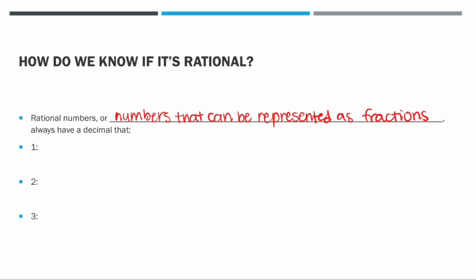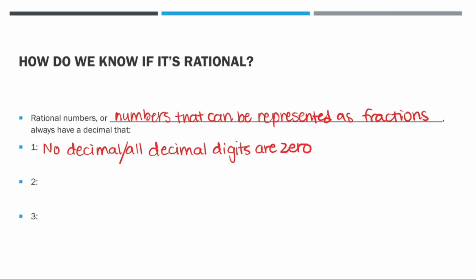So the first case scenario, for 1 and 2 are pretty similar, but the first case is there's no decimal, or all decimal digits are 0. And that's similar to case number 2.